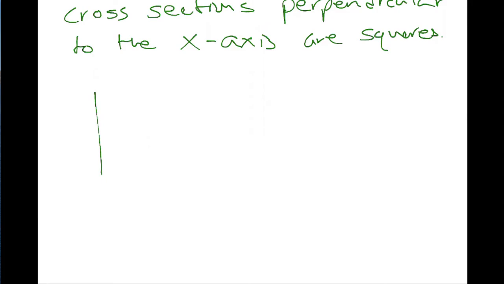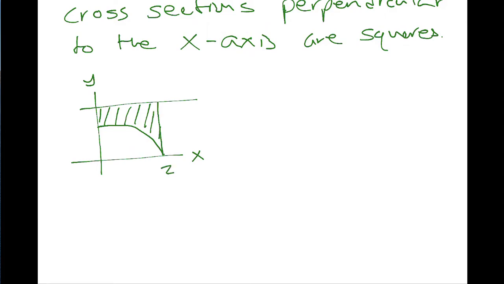You've got the x-axis, the y-axis, and this region right here. But I'm going to draw it a little differently, in three dimensions, so I'm going to draw an angle down here.